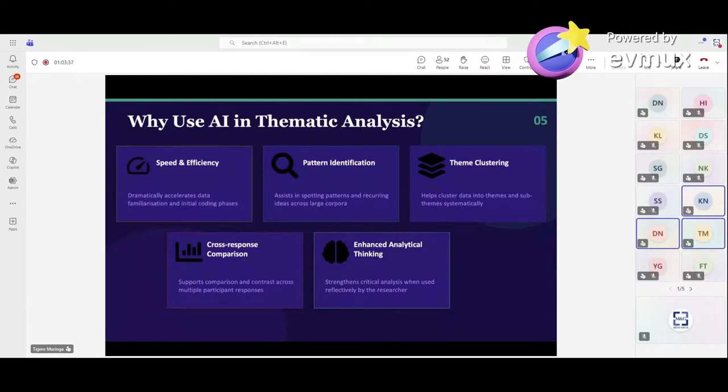Then we have pattern identification. They assist in spotting patterns and recurring ideas across large data corpora. This is the key strength of the generative AI platforms, because the capabilities embedded in them naturally, from the outset, are meant to identify patterns and spot recurring ideas across large data sets.